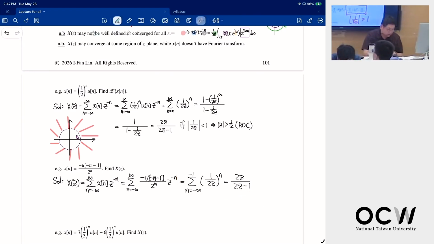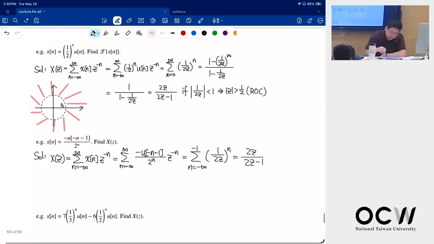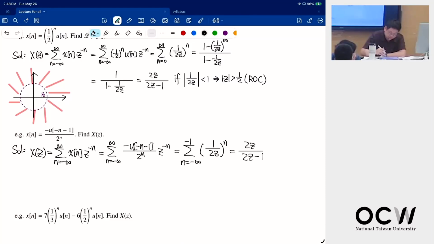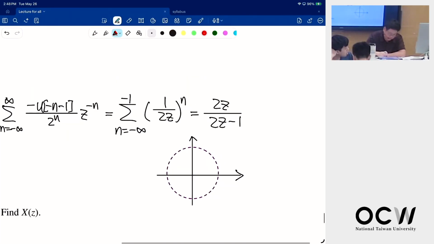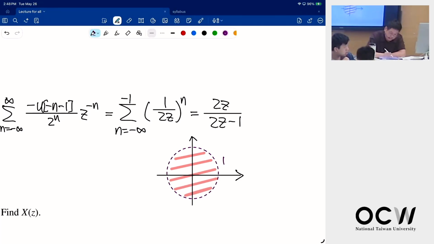So which means this region of convergence is inside the 1/2 circle. So it's inside. One half.